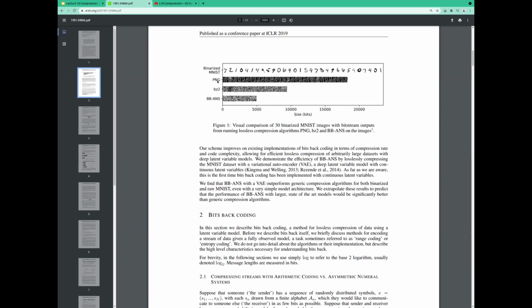But I don't know how good PNG is on binary images. I think BZ2 is just not based on images, just the bzip Unix command line. But it does better than all of them. But I think also the reason is you're transferring this huge model, so it might have memorized parts of it.